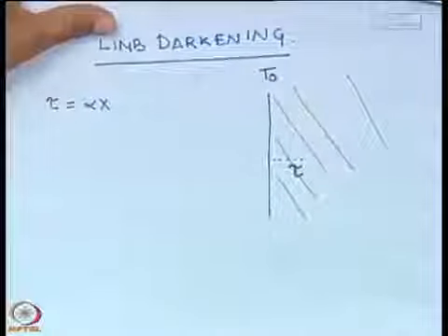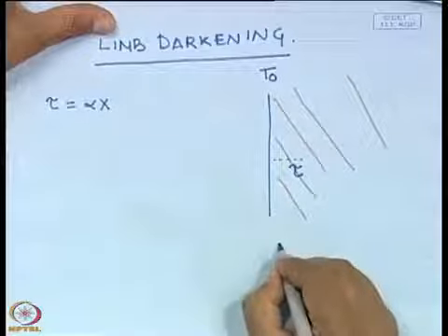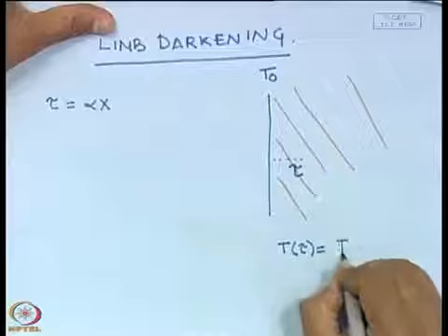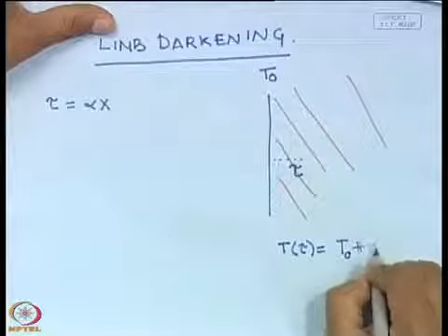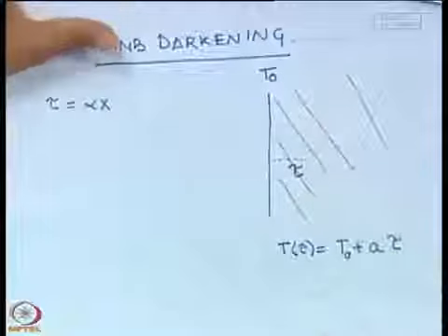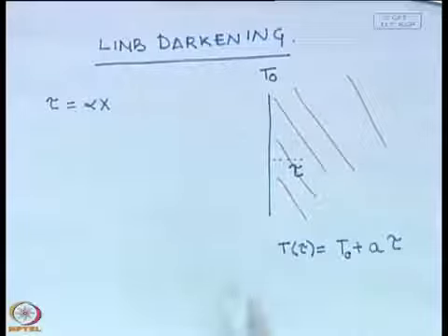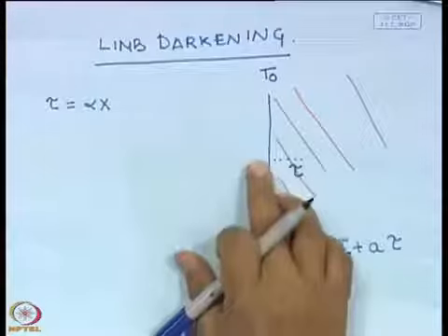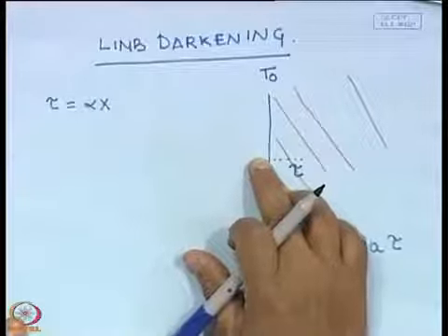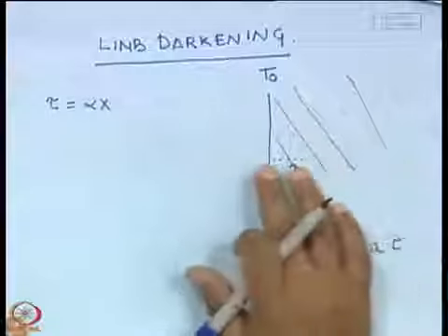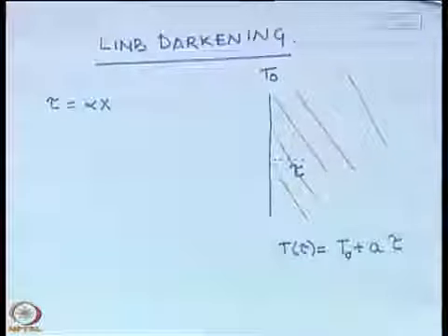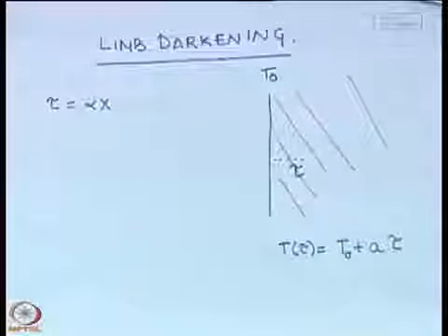So, we shall assume that the temperature inside increases as T0 plus A into tau. We will assume that it increases linearly inside, that is the simple model that we shall make. The optical depth is 0 over here, and as you go inside the optical depth increases, all the way to infinity or to a very large number as you go inside the sun.